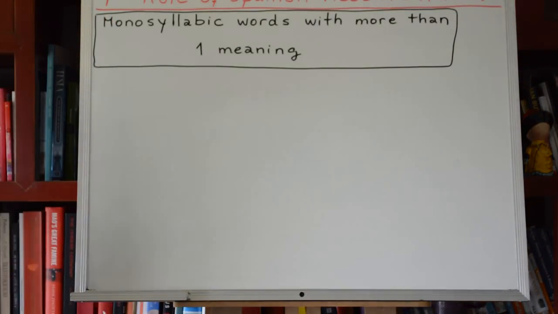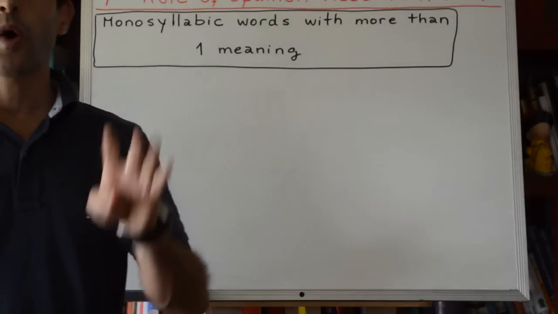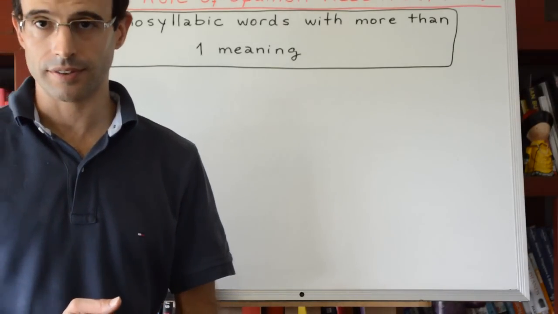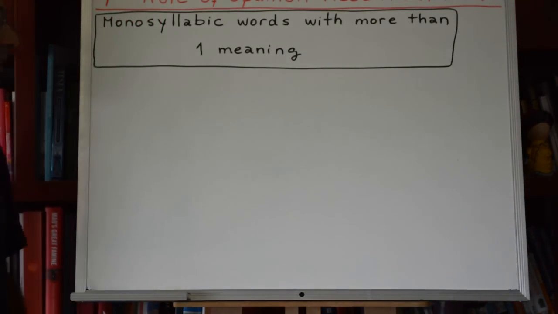So it is a relevant topic to learn. So, okay, let's get into the topic, 4th rule of Spanish accents, or cuarta regla del uso de los tildes. 4th rule of the usage of the tildes.